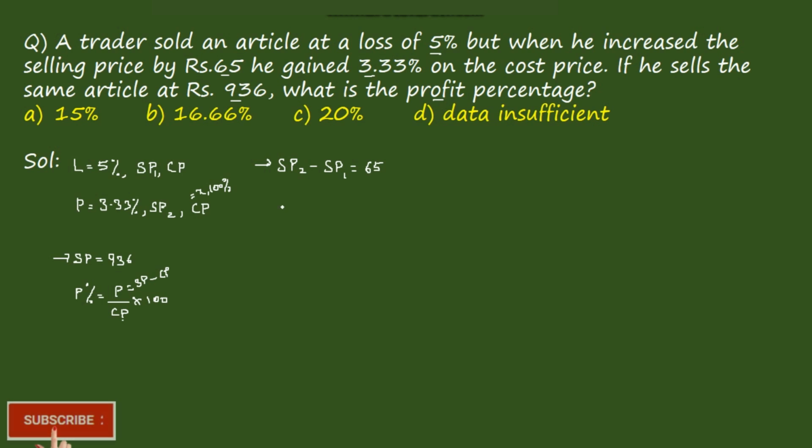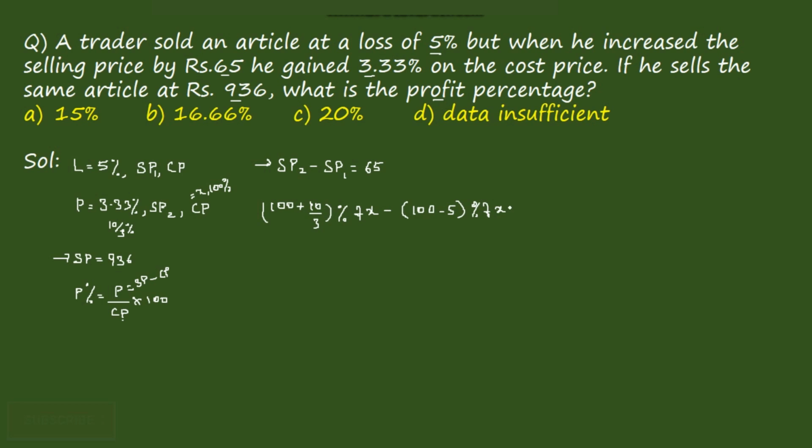SP2 is nothing but 100 plus the profit, so it becomes plus 3.33 percent, which is 10 by 3 percent of X, minus SP1, which is the loss, so it becomes 100 minus 5 percent of X, is equal to nothing but 65, right?